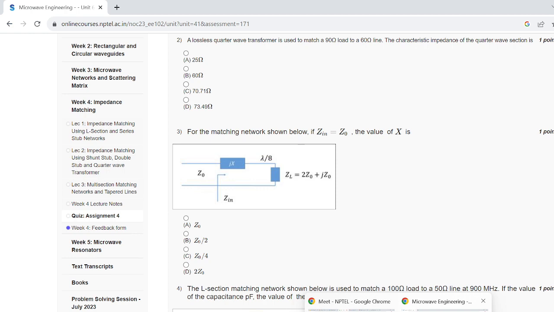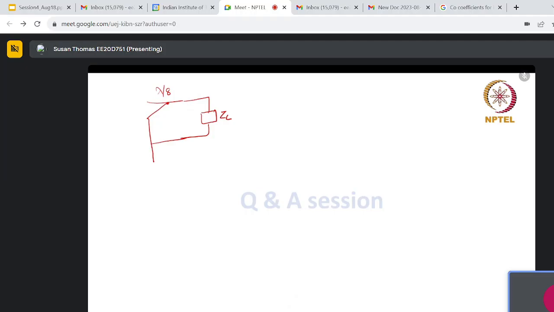That much clue I can give you. Any other doubts in the previous assignment or something?